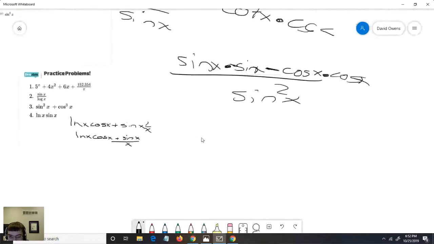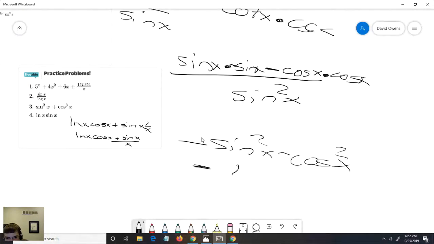So what we're going to have is negative sine squared x minus cosine squared x. And once again, that'll be 1. So it'll become negative 1 over sine squared x, which is equal to negative cosecant squared x.